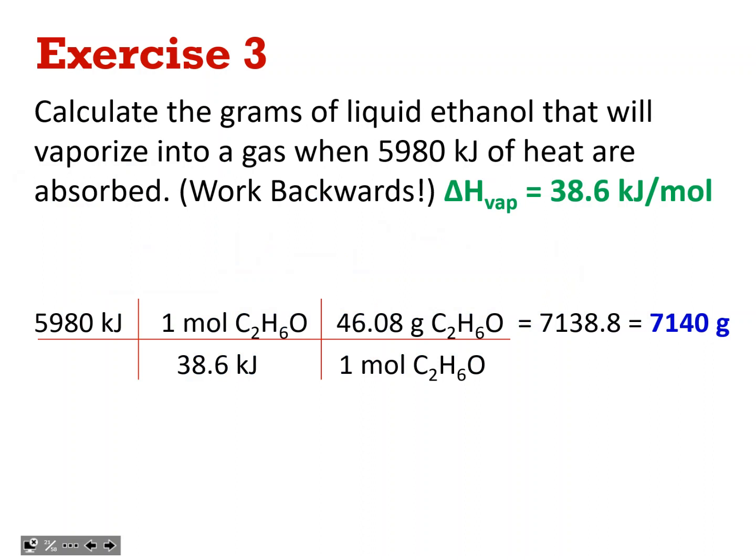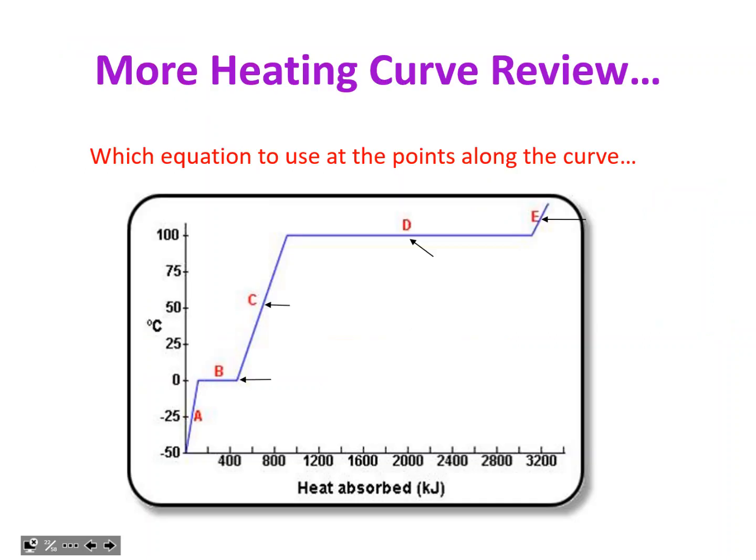Now, of course, what they do for AP level is they combine them into one problem, like using your heating curve, because they will start you down here at like -8 degrees and then ask how much heat it takes to get you up here to 87 degrees.